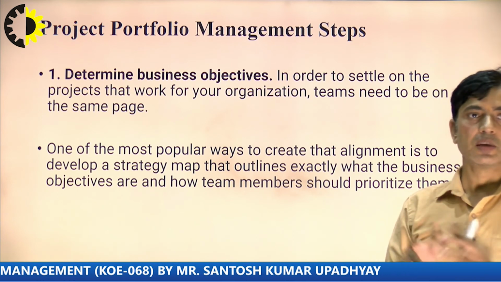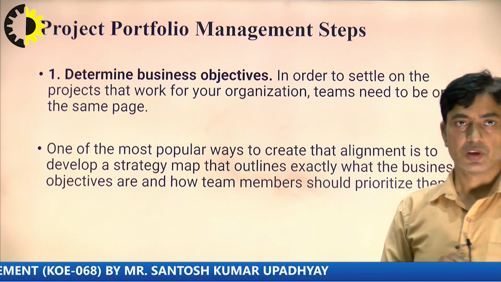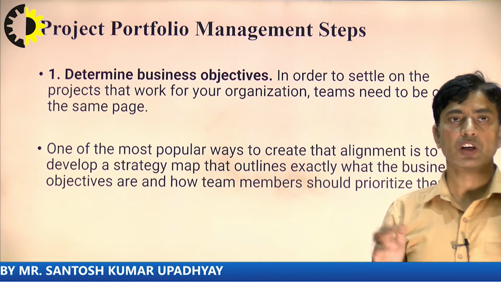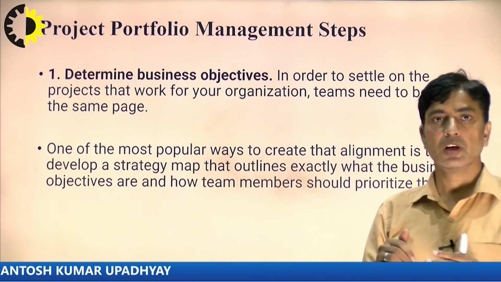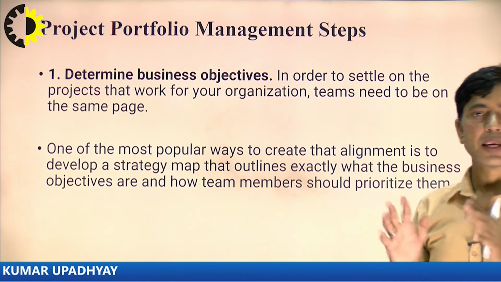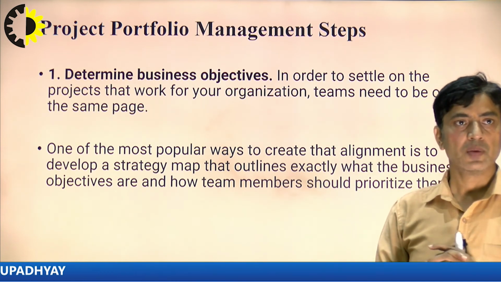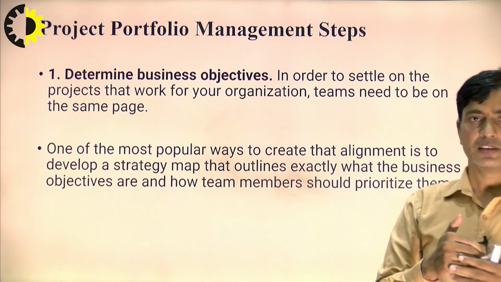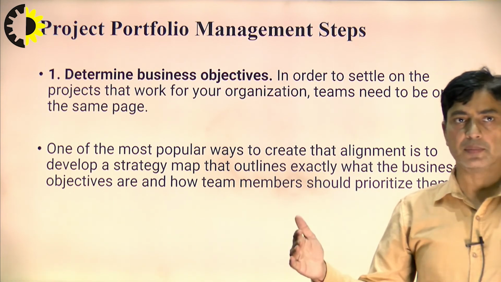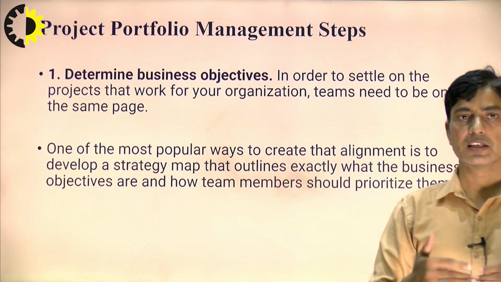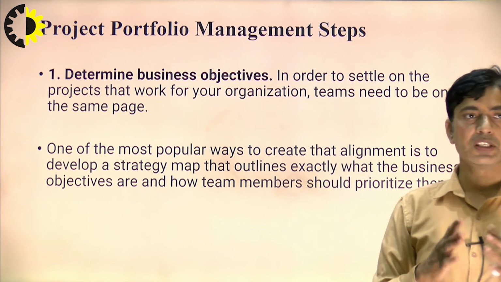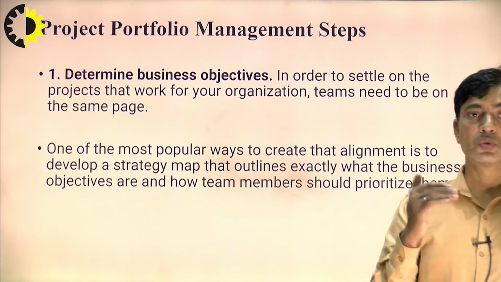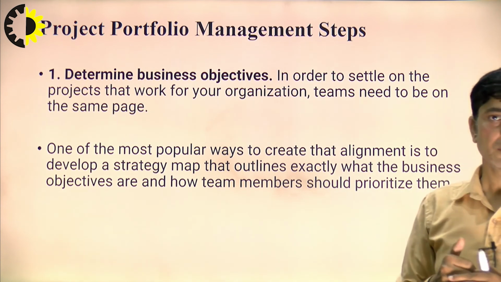The first one, determine the business objectives. In order to settle on the projects that work for your organization, the team needs to be on the same page. One of the most popular ways to create alignment is to develop a strategy map that outlines exactly what the business objectives are and how team members should prioritize them.